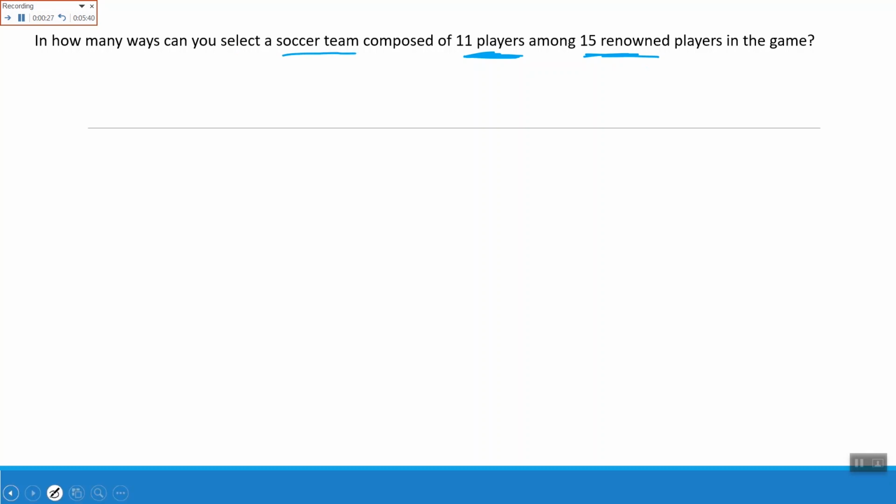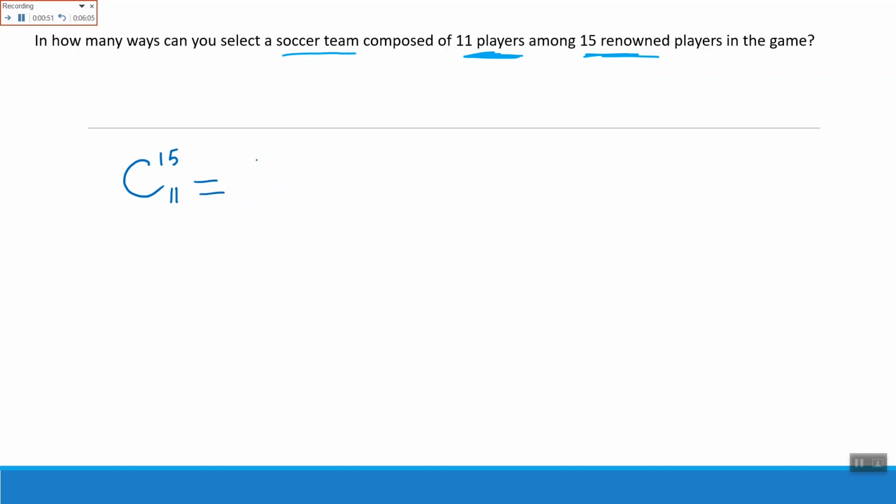And in the question, they did not state any responsibilities, so we just assume all of them have the same responsibility. So in this case, it's a combination, not a permutation. It's a combination of 15, and we want to choose 11. So it's 15 combination 11. There is no at least, there is no at most, no keywords, only one choice.